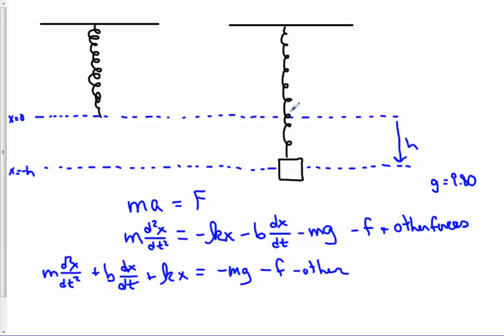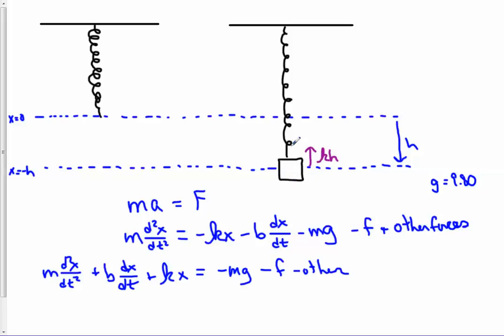Okay, but let's go back to this picture, right? So when this block is just sitting there, not moving, that must mean that, okay, the spring is being stretched, right? So the spring is trying to pull this block up, and that would be k times h, right? Because it's being stretched at distance h. It's actually negative h, so negative kh. It's positive kh.